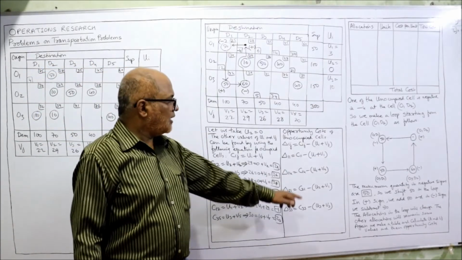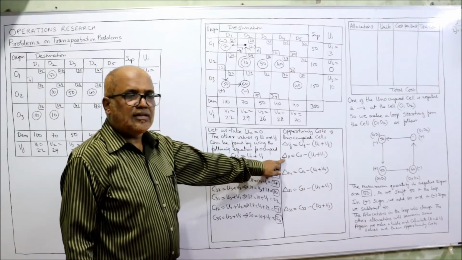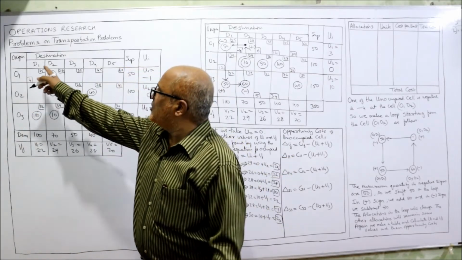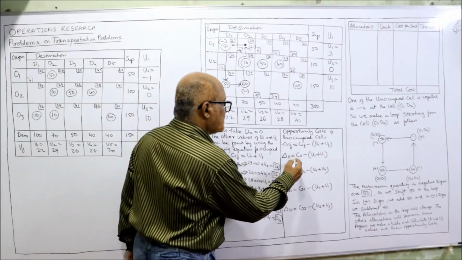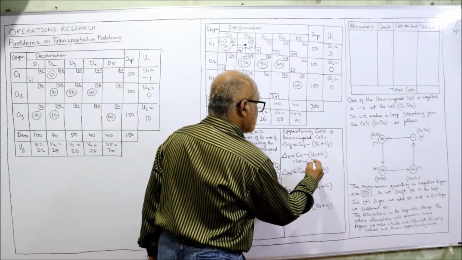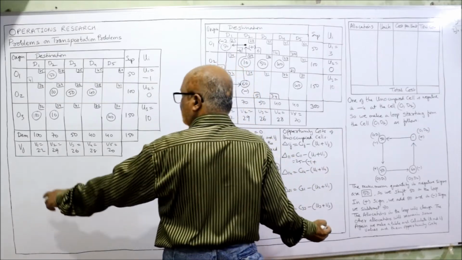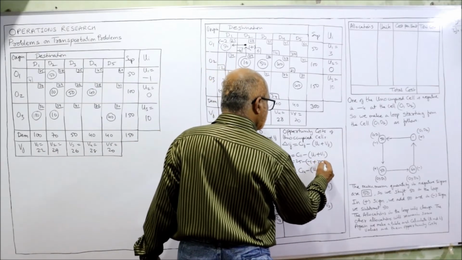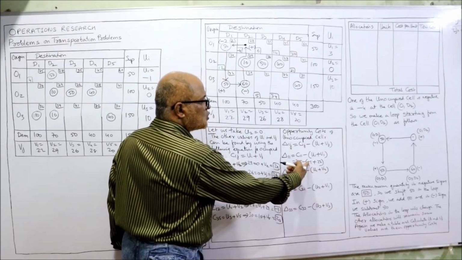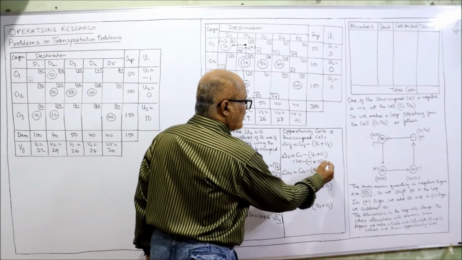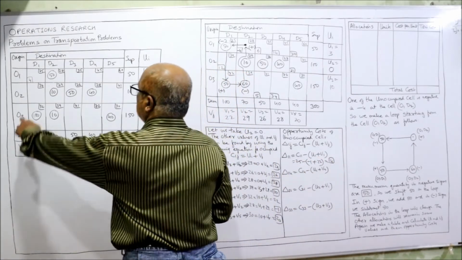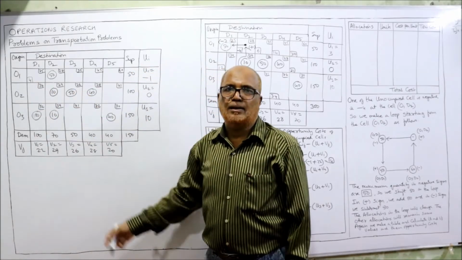Delta 11 is equal to C11, which is 25, minus U1, U1 is minus 1, plus V1, V1 is 22. So 22 minus 1, 21. So 25 minus 21 is equal to 4. So either you calculate separately or directly in the table itself.